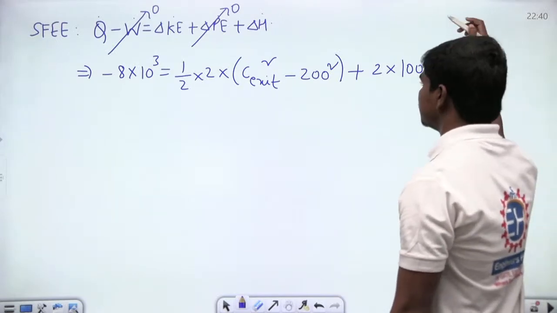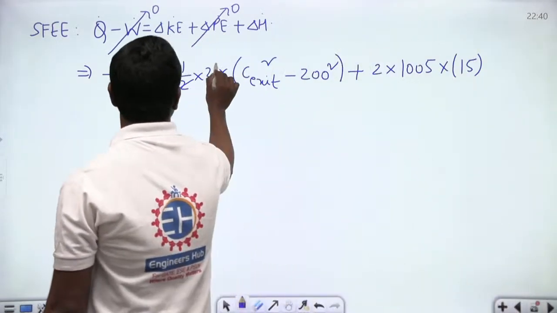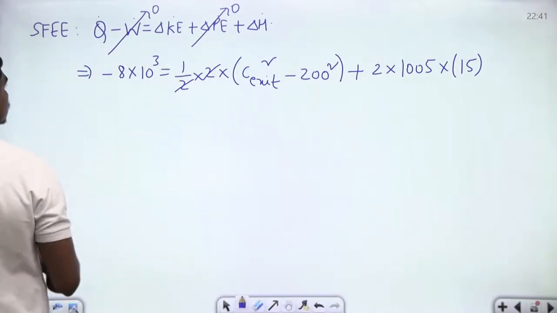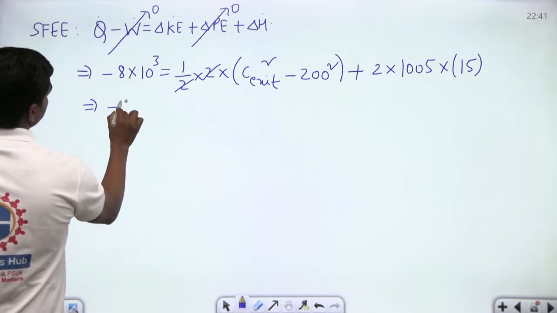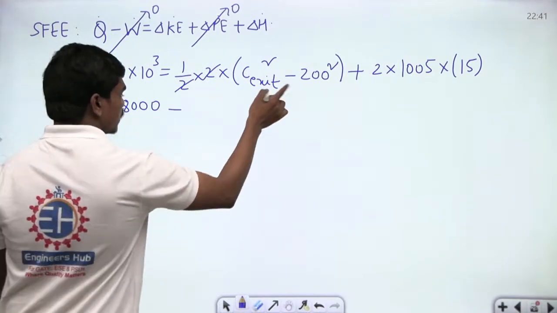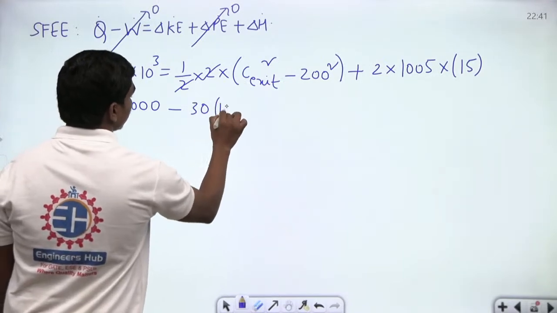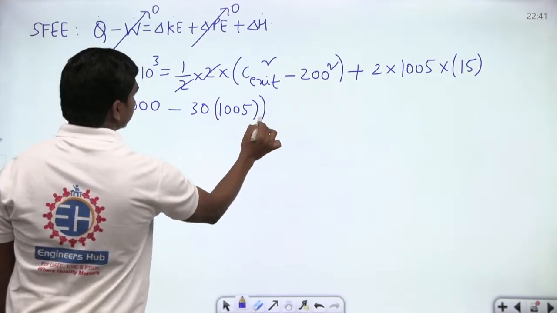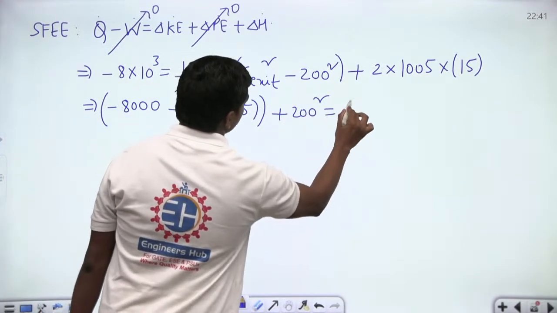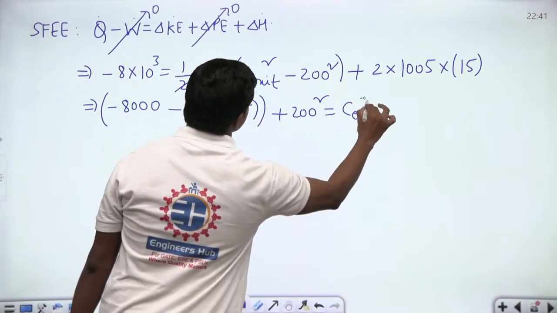So let us calculate C exit from this. The 2 gets cancelled anyhow. If you shift this to the other side, minus 8000 minus 30 into 1005, plus 200 square, this is equal to C exit square.